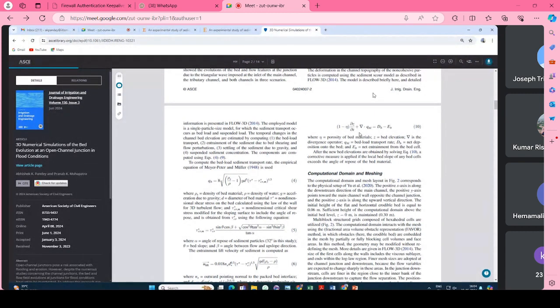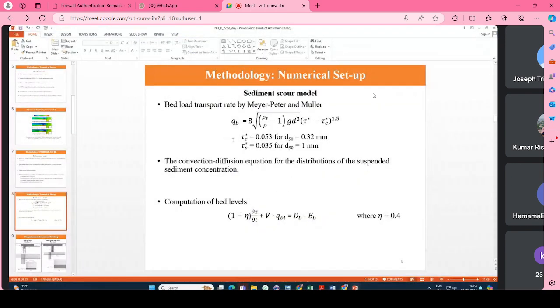So if you calculate how much sediment is entraining in the fluid from the bed, how much is settling from the flow to the bed, and what is the rate of the bed load transport, by that we can model the bed elevation using this formula, called the Exner continuity equation. So this was the story of the numerical setup that is used for the scour modeling.